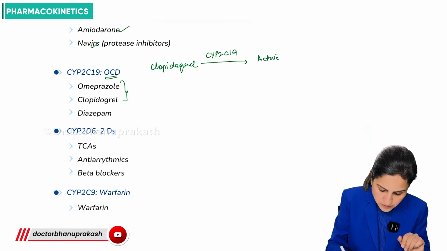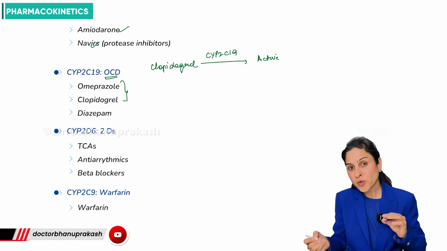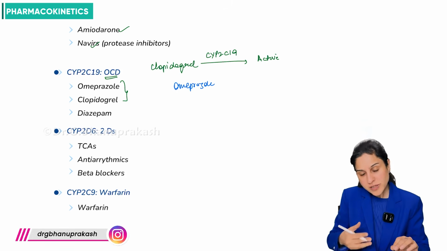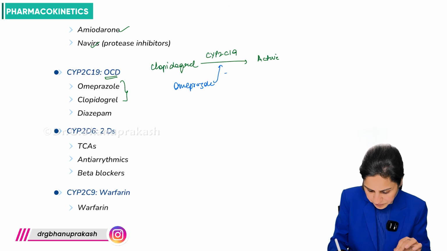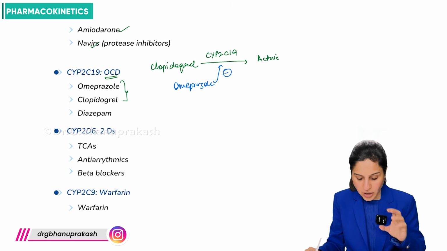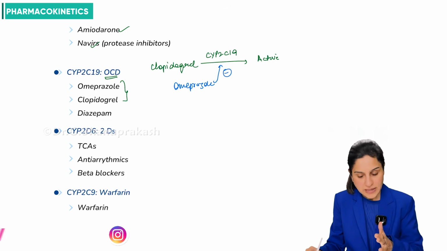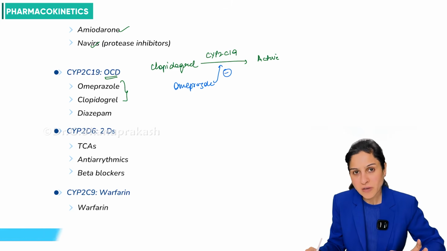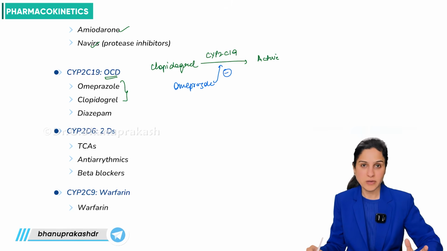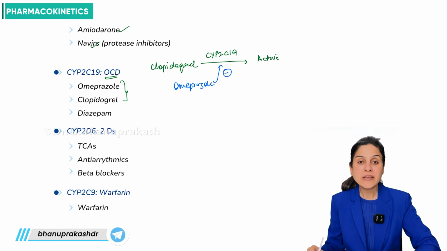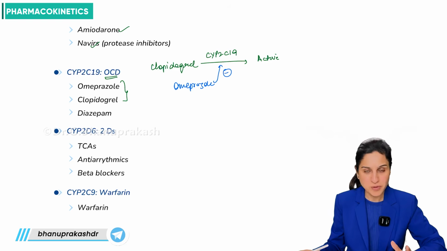But if we give it with another drug, a proton pump inhibitor, that is omeprazole, omeprazole also inhibits this enzyme, CYP2C19. So when you give omeprazole with this, clopidogrel is not going to get activated and therefore it is not going to produce the response. There will be failure of therapy, or antiplatelet action, by clopidogrel. So this is a very important drug interaction: patients who are on clopidogrel should not be prescribed omeprazole.